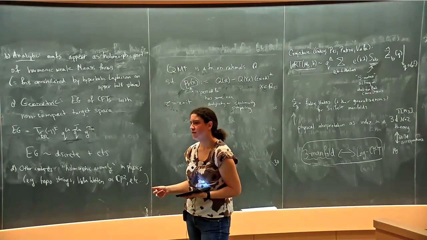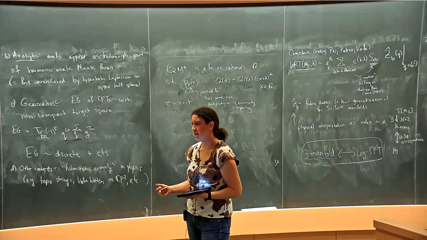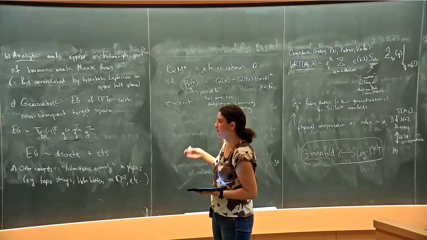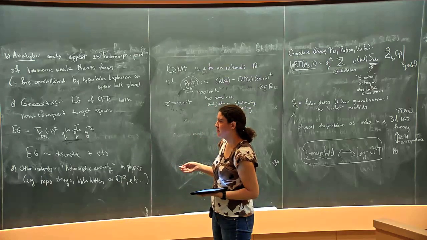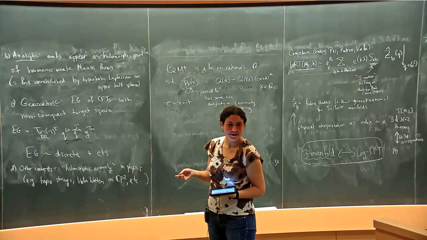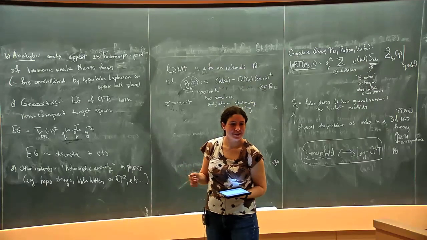Some of his simple examples come from the WRT invariants: Jones polynomials, the trefoil, the figure 8, and the Poincare sphere is one of them.